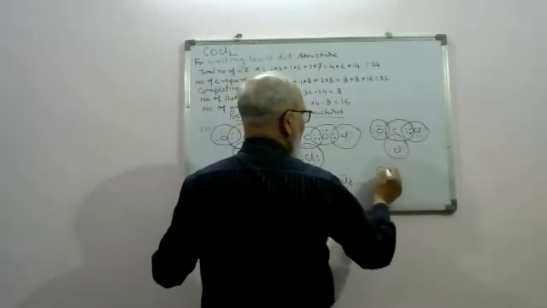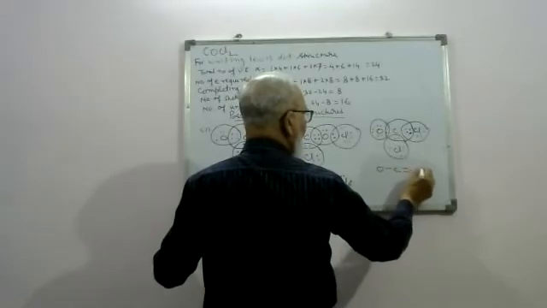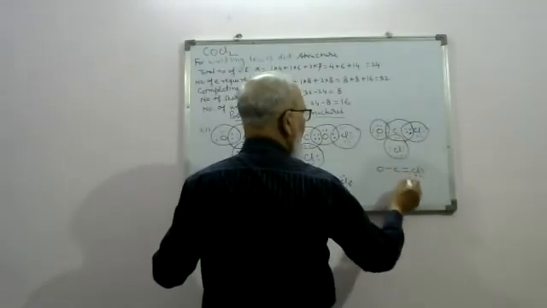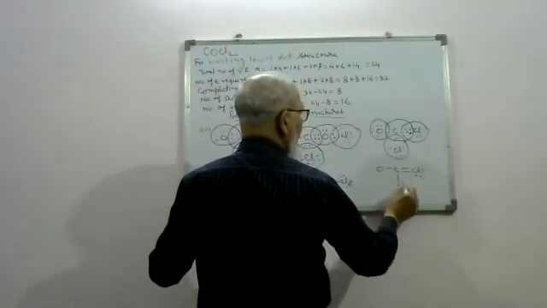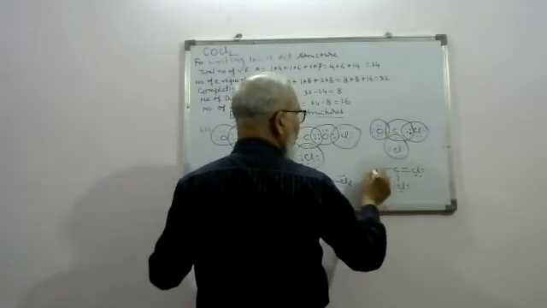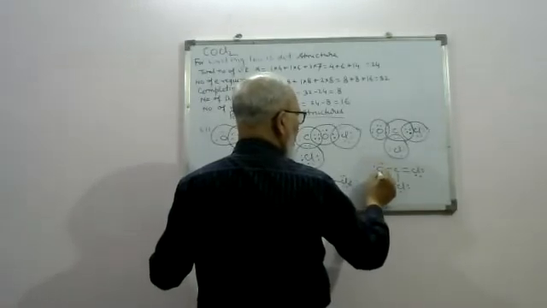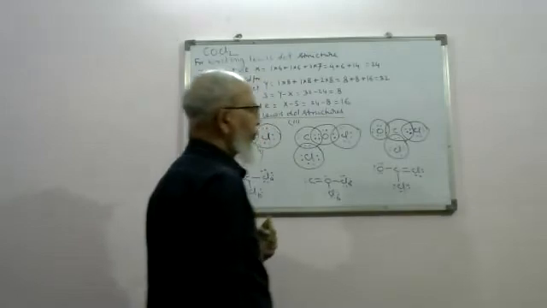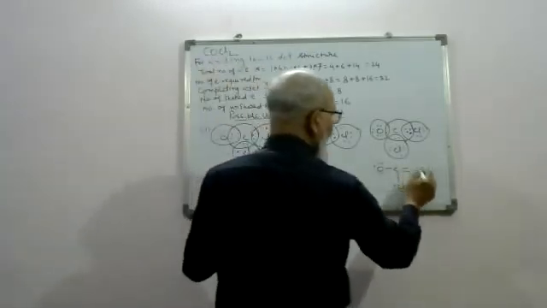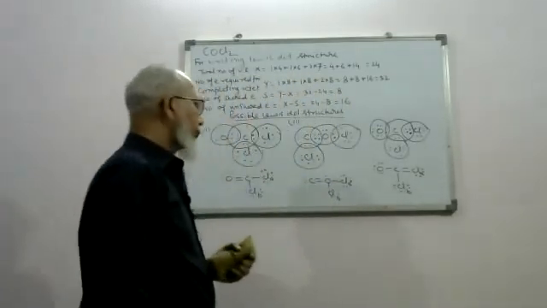This will be your O single bond C, double bond Cl, Cl, and this is your 2, 4, 6. Suppose it is your Cl A and it is your Cl B.